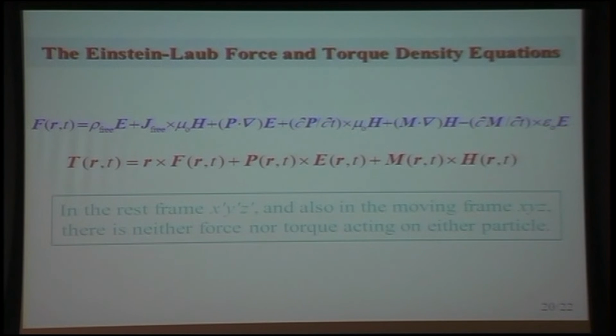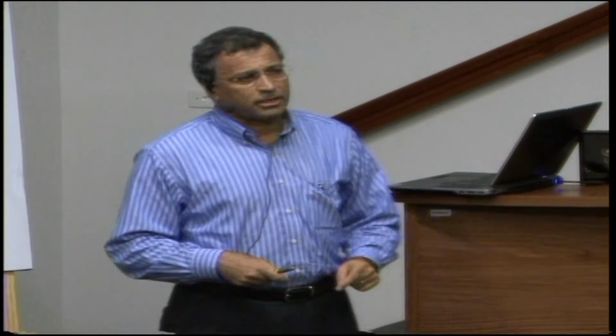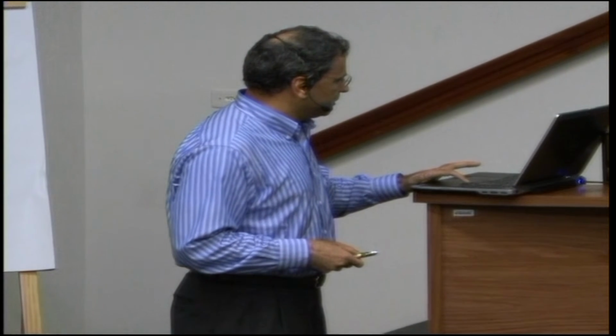That's the whole basis that he uses for this formula. And the corresponding torque formula is given here. So if you use the Einstein-Laub formula, then you find that there is no torque in the moving frame. So everything is fine. So I suggested that instead of using the Lorentz law, we should be using the Einstein-Laub formula to calculate the force and torque in general on electric dipoles and magnetic dipoles, as well as free charge and current.